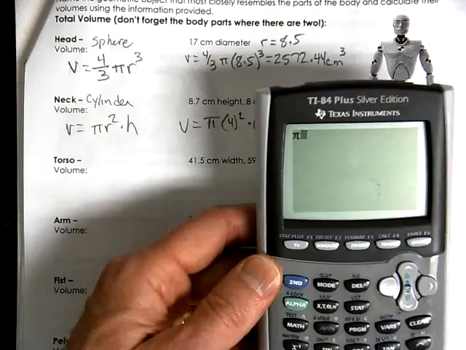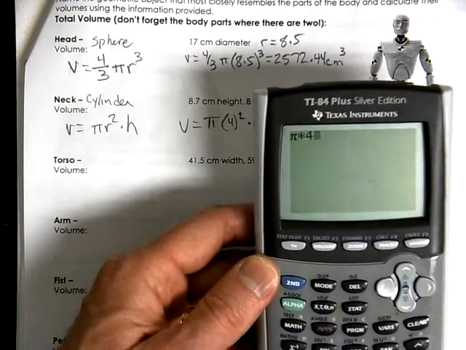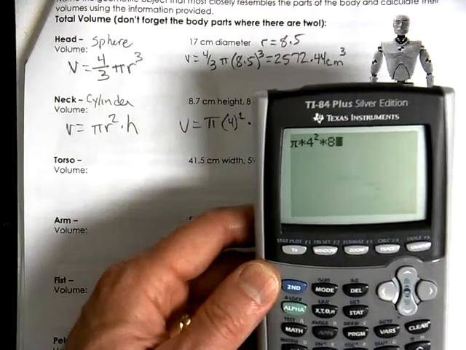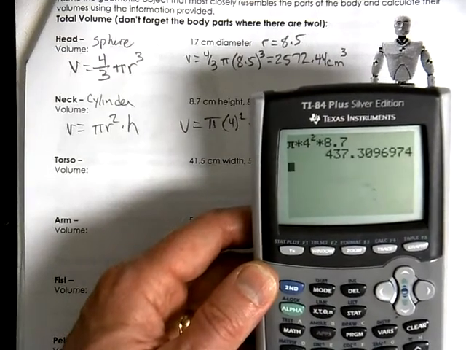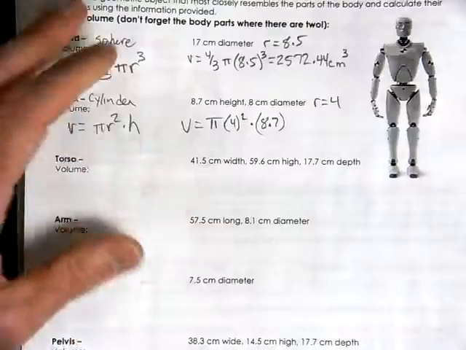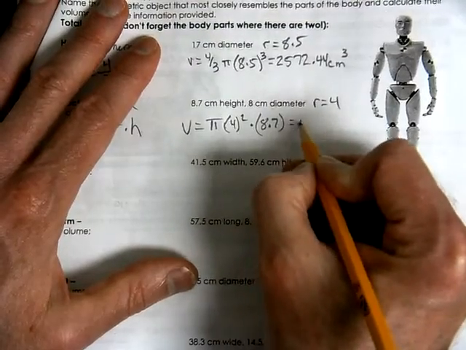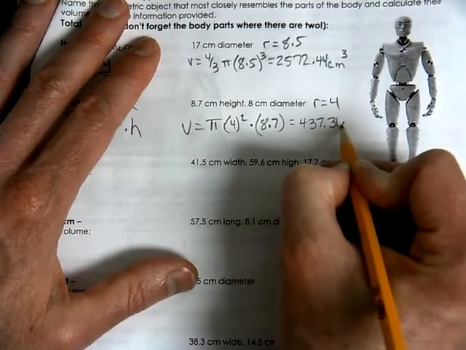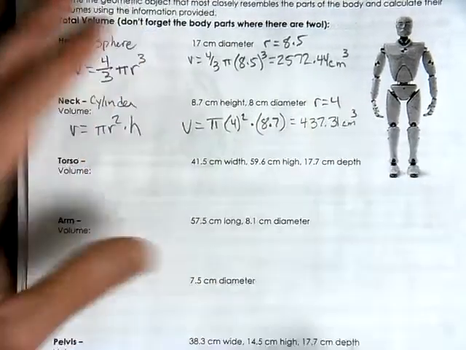So pi times 4 squared, which is 16, times our height, 8.7, we get 437.31 centimeters cubed.